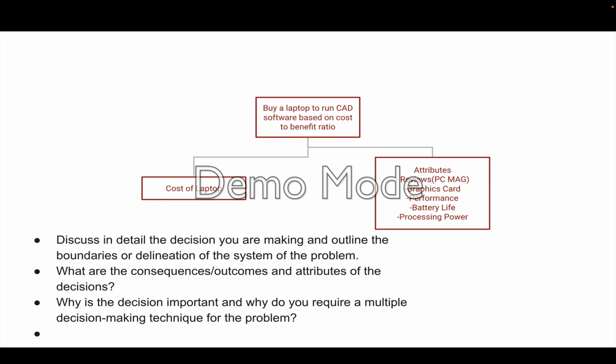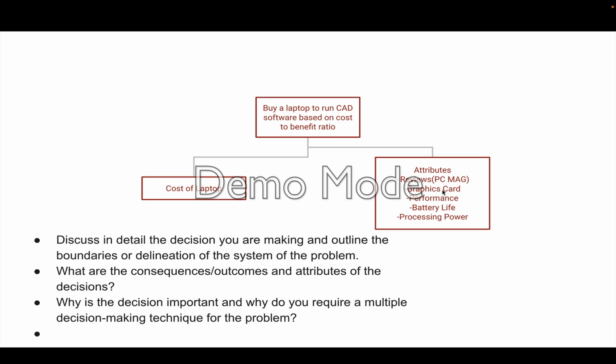So the decision is basically the computer that I'll be choosing amongst three of the most popular options, and the boundaries are basically the attributes that are going into this decision. So that's what I'm considering: the reviews from the PCMag website, the graphics card, the performance of the CPU, the battery life.